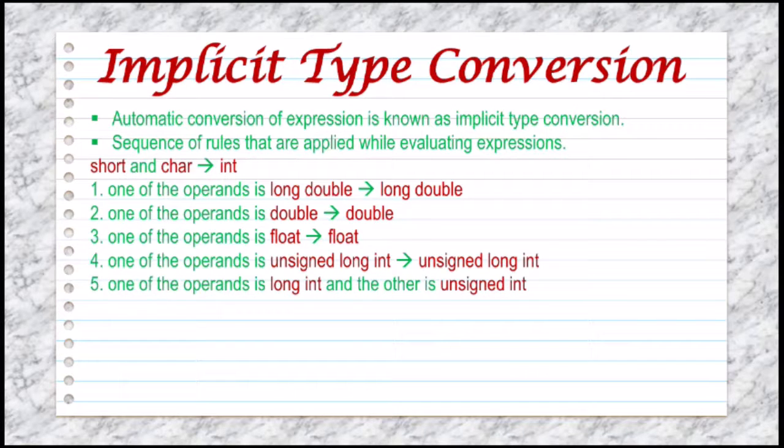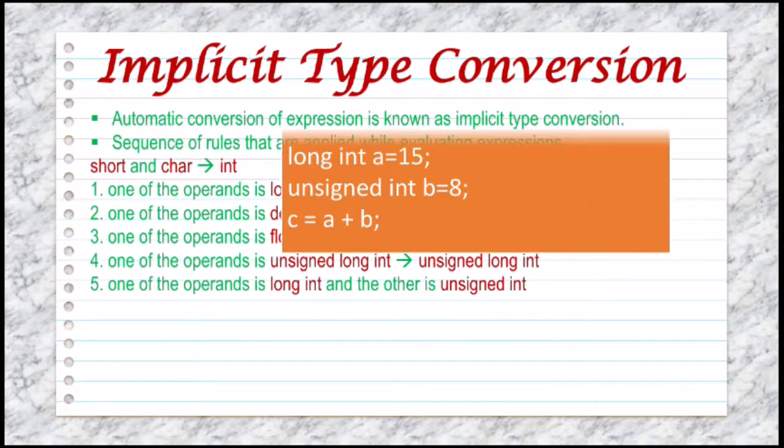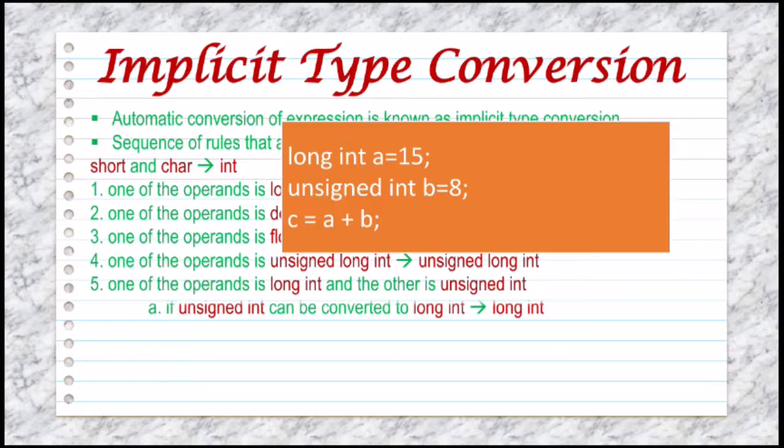Fifth one, else if one of the operands is long int and the other is unsigned int, then there are two possibilities. The first one, if unsigned int can be converted to long int, the unsigned int operand will be converted as such and the result will be long int.